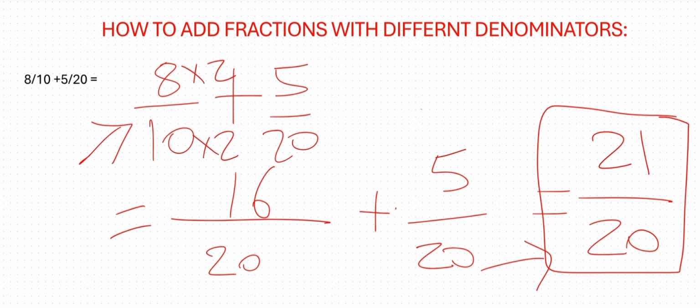If we want to make sure this answer is correct, we could go to the calculator and put 21 divided by 20, and it will give us 1.05, so that's in decimal.